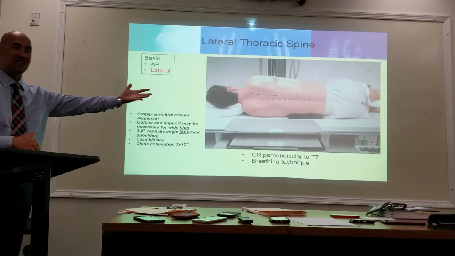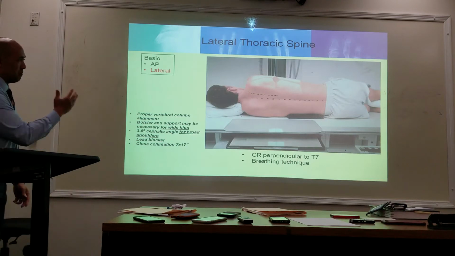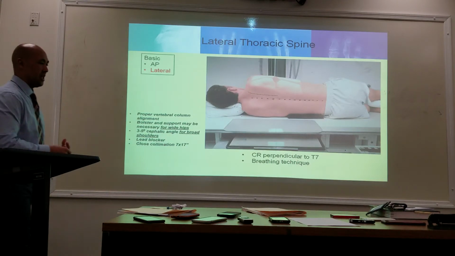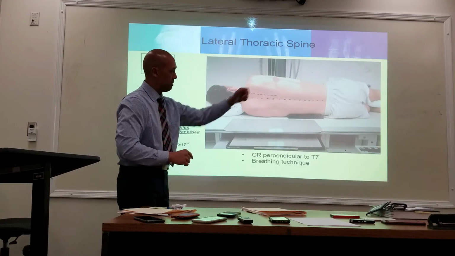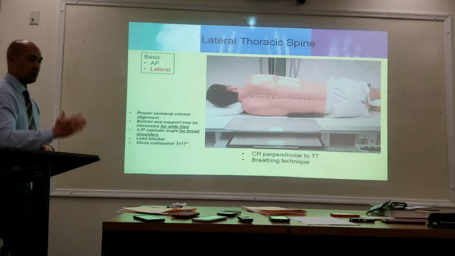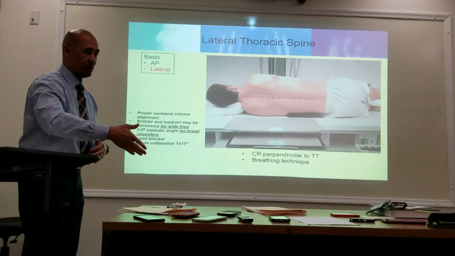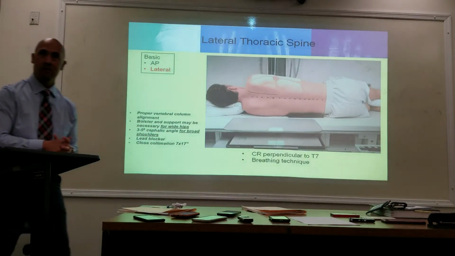It's practical, you can see the spine. So we're going to put our patient in a true lateral position. Again, they're going to lay on their side, arms in front of them, legs bent for balance. You want to stand at either end of the table to make sure that they are properly aligned with the table.